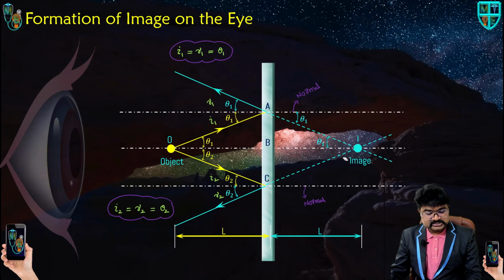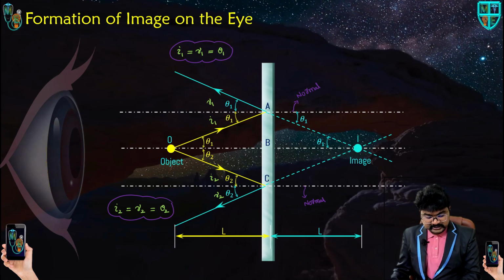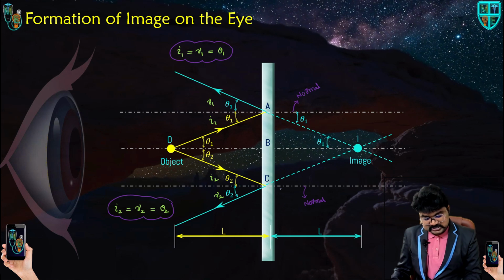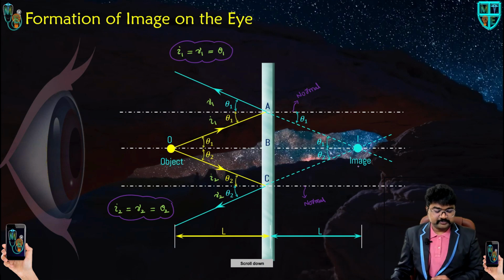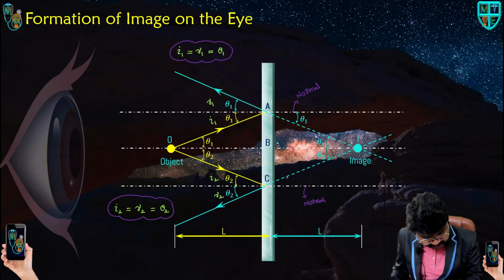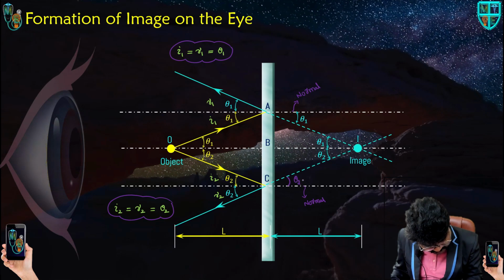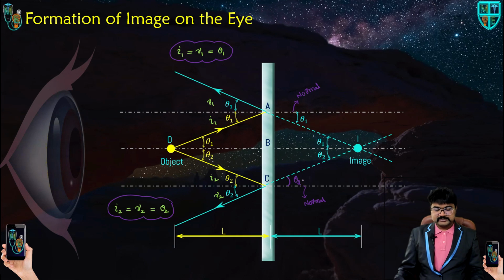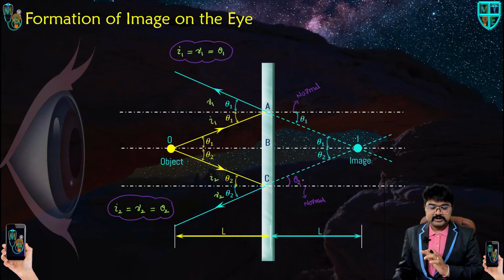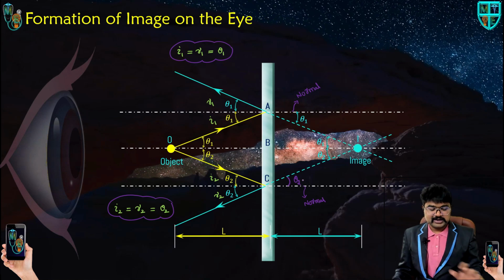Similarly, if it is theta 2 here, this is also theta 2, and then theta 2 again. Very simple: theta 1, theta 1, theta 1, theta 1, then theta 2, like this.